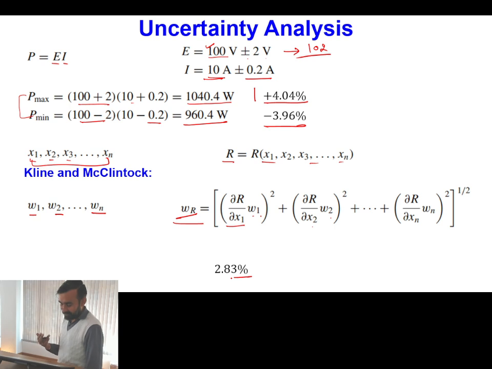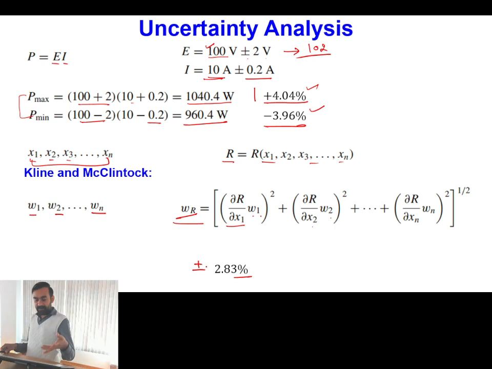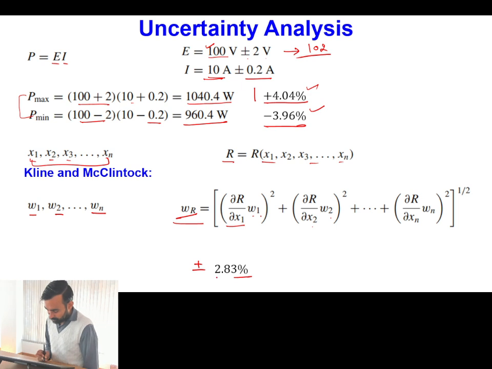So now you can see that earlier numbers were excessively large. But if you measure the uncertainty using this method, then you are getting 2.83%. It means whatever the final power you will be measuring, there can be a deviation of plus minus 2.83% in its measurement. So if you consider this plus minus 2.83, then what will be your power value?